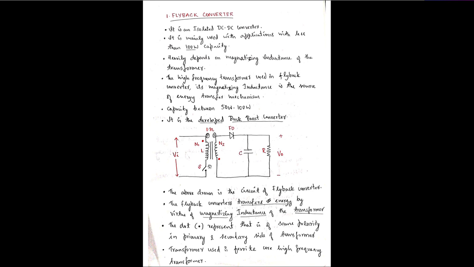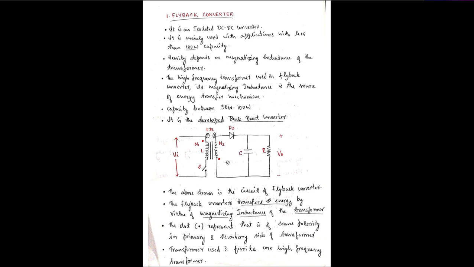Whenever this switch is off, the freewheeling diode will conduct. Why is it so? Because I have told you that the windings of the primary and secondary are of opposite direction. When the switch is on in the primary side, the dotted end will have plus and the non-dotted end will have minus polarity.